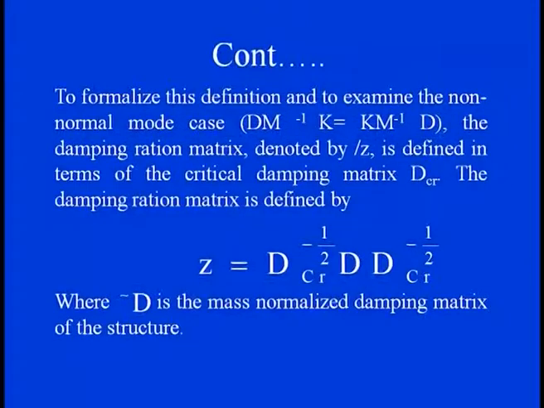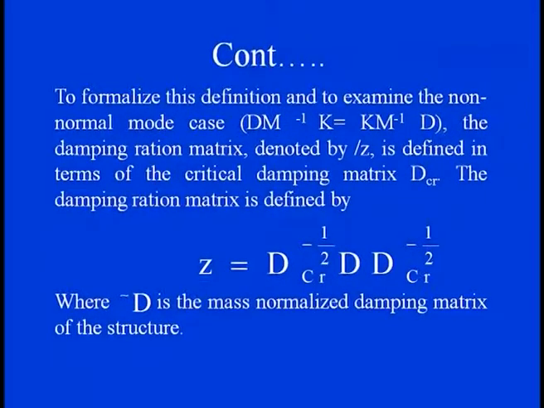So it can be directly related not only to the damping ratio available, but also to the undamped natural frequencies and the characteristic root, or eigenvalue, of the matrix D. To formalize this, we can say that there are normal modes and non-normal modes.